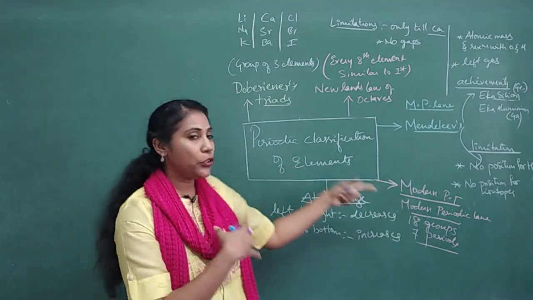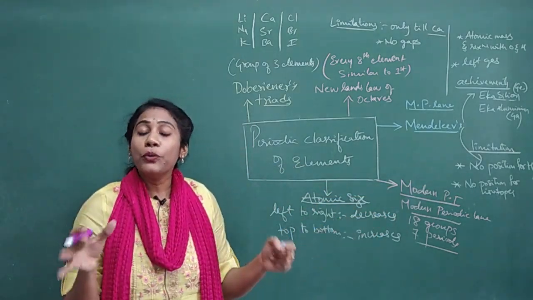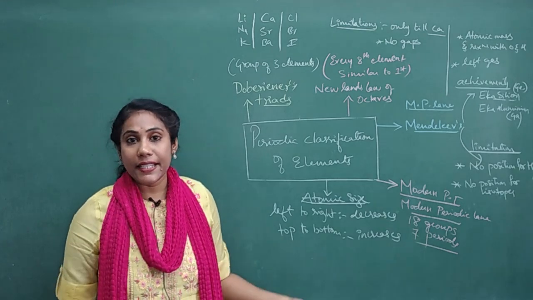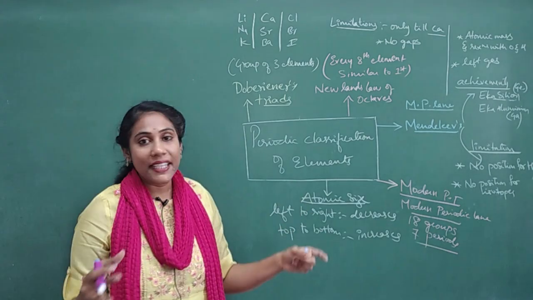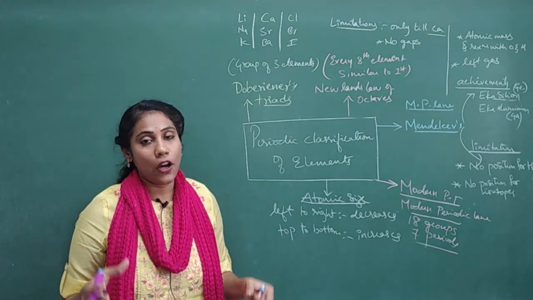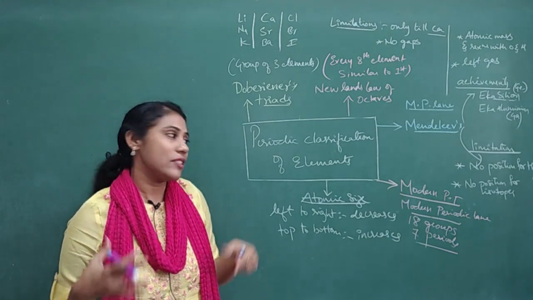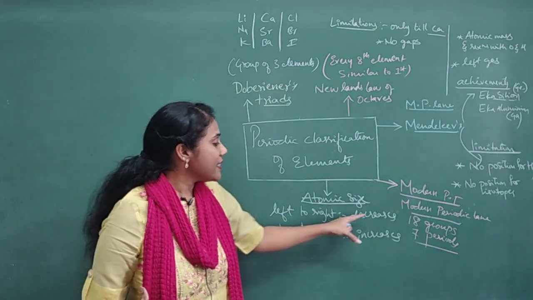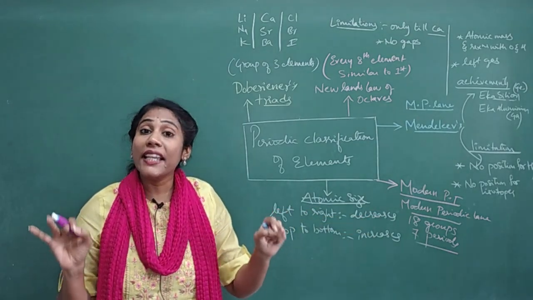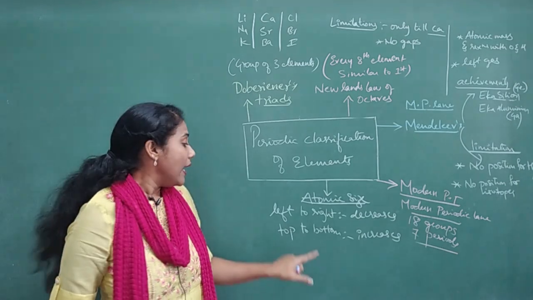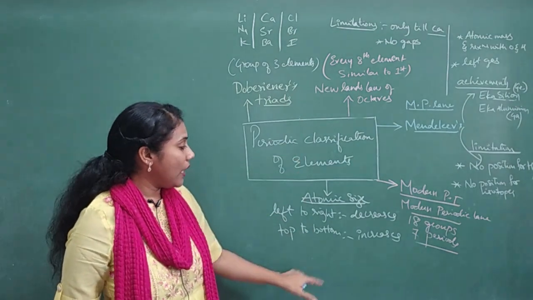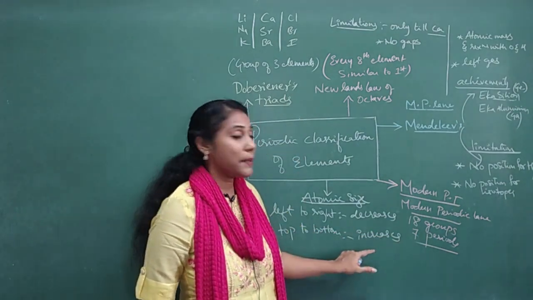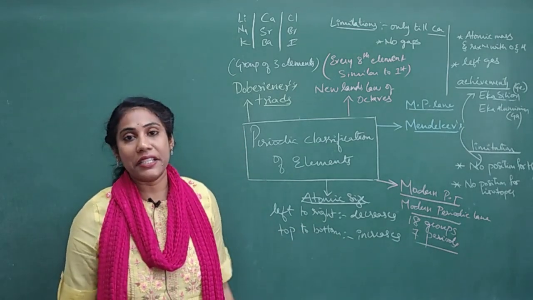It is because the nuclear charge increases. I had covered all those details in the videos on periodic classification of elements, and now I'm just revising. Here the size decreases because nuclear charge increases, and from top to bottom atomic size increases because the number of shells increases.